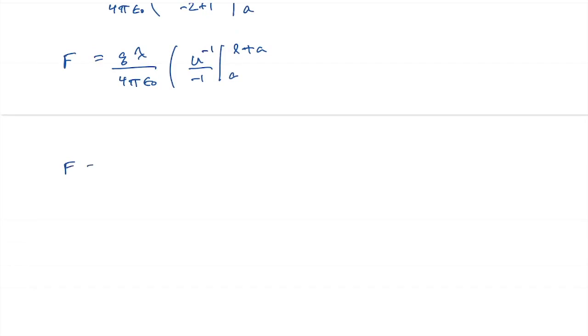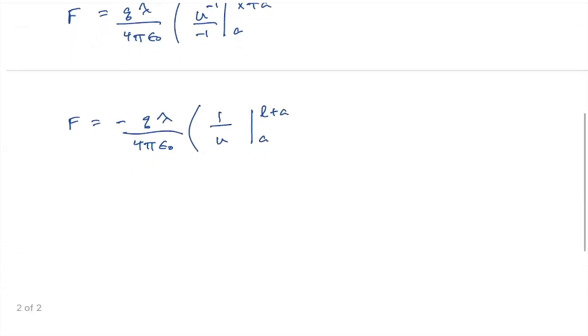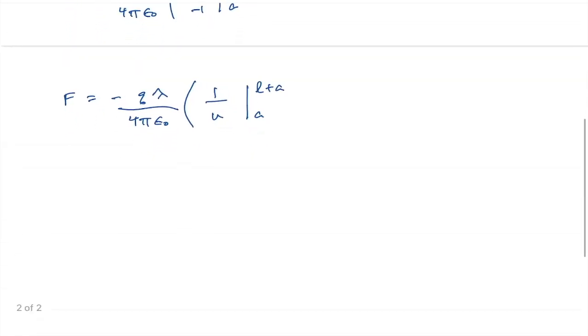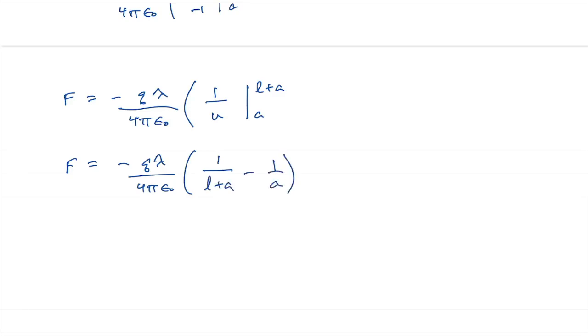So we have F is minus q lambda over 4 pi epsilon 0 times u to the minus 1, which is 1 over u, evaluated from a to L plus a. And so what we end up with is minus q lambda over 4 pi epsilon 0 times 1 over L plus a minus 1 over a.